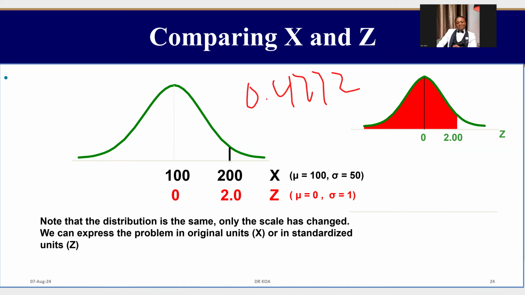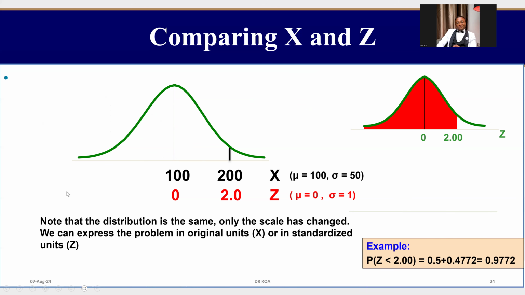Is that the only thing we are looking for? No. We need to add 0.5 to it, because remember, it was this whole area. That's all we're looking for. So you add 0.5 to that, and that gives you 0.9772. How do you write it? It's a very simple thing, but also an interesting thing. This is how you write it.